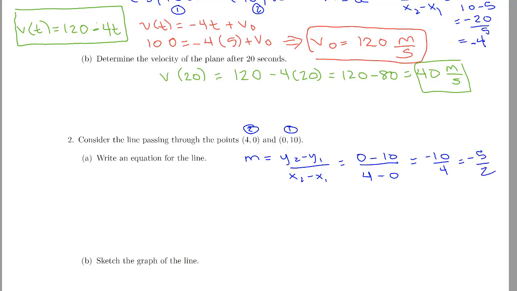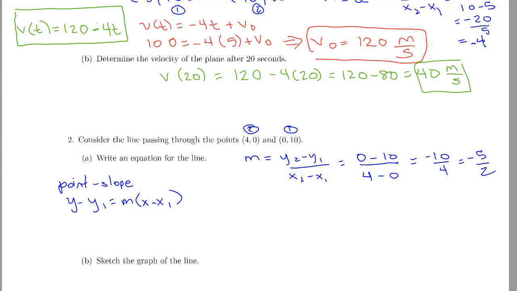I found my slope. Now, I can put it in slope-intercept form. It just says write an equation. It doesn't tell me how I have to do it. The easiest way for me to do it is in point slope form, which is y minus y1 equals m times x minus x1.